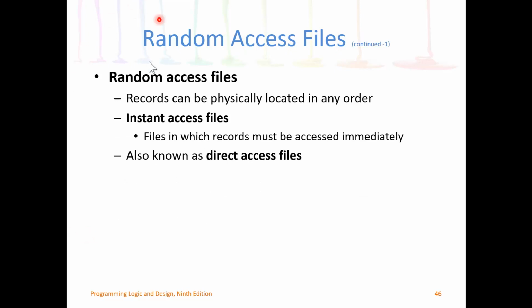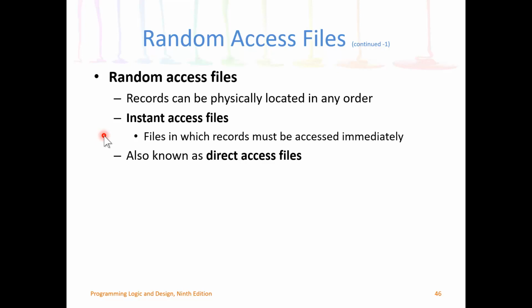So with random file access, you can access the records in any order. Instant access files take a little while to get to, but very little time. You do not have to read through megabytes of data. If you're trying to get to record 1 million, you do not have to read records 1 through 999,999.